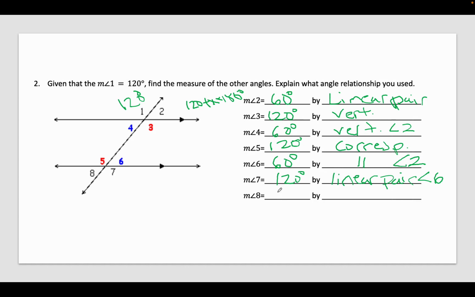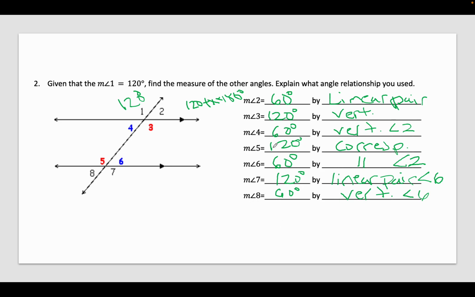And last one, angle 8 is 60 degrees. It is vertical to 6. Or it is alternate exterior, or it is a linear pair to angle 5. There are so many ways that you could know that angle 8 is 60 degrees.